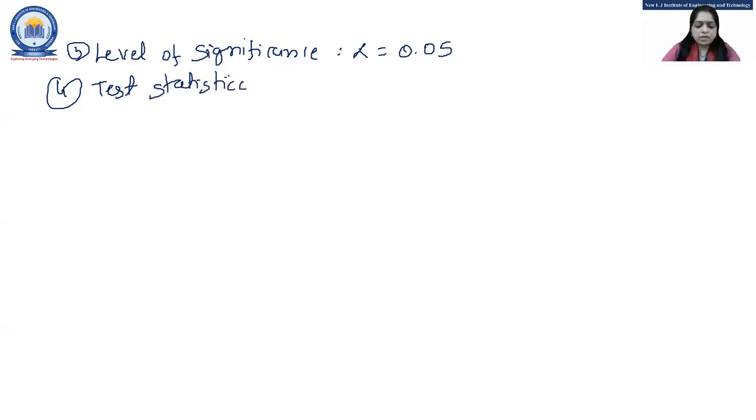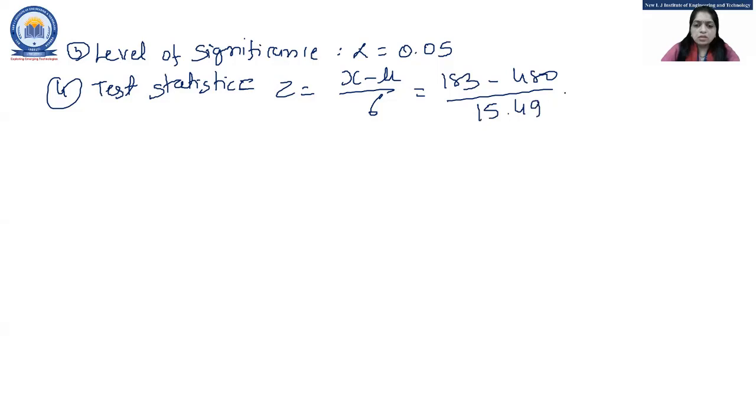For the test statistic, we apply the formula Z is equal to X minus mu upon standard deviation. By substituting the values, X is 183, mu is 480, and our standard deviation is 15.49. After simplification, the value of Z is minus 19.17. So the modulus of Z is 19.17.